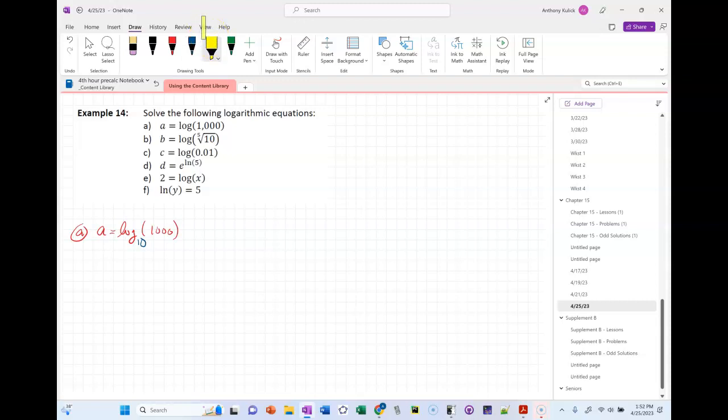So to simplify this, one way is I can think about rewriting 1,000 as a power of 10. What is 1,000 as a power of 10? 10 to the third, right? Because there's 3 zeros.